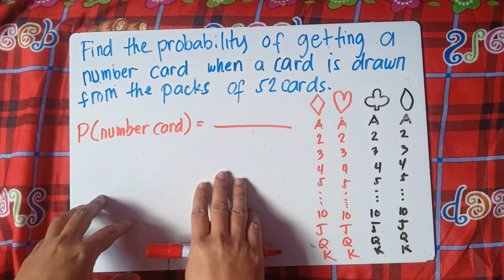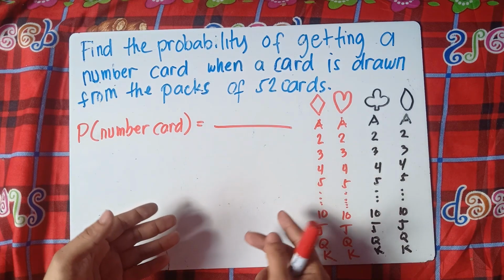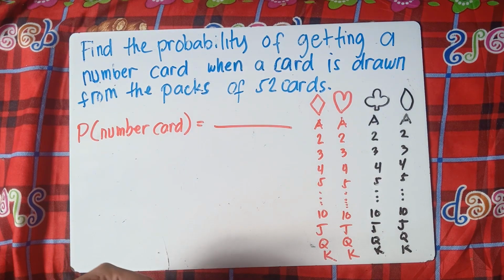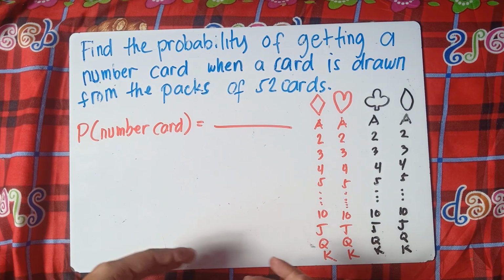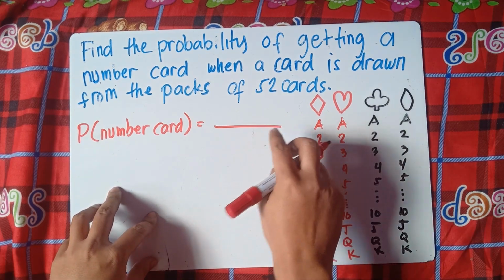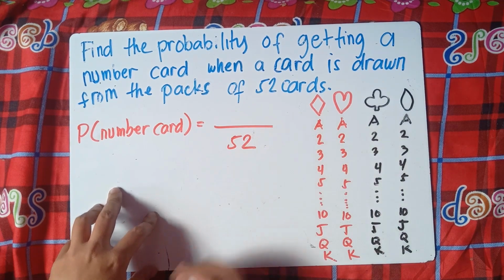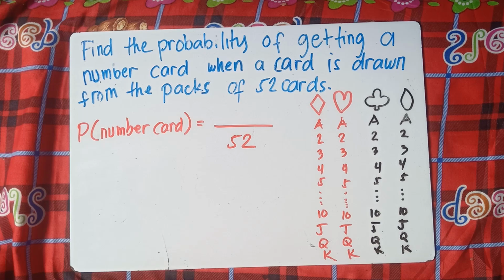Because when the card is drawn, it could be 1, it could be 2, it could be 3, it could be 4, it could be 5, it could be 6 spades, 6 clubs, 6 hearts. So just count the number of cards. So in the denominator, class, it should be 52. Sir, why is it 52? Because there are 52 cards.